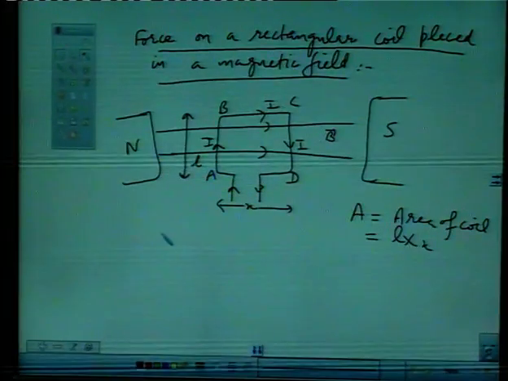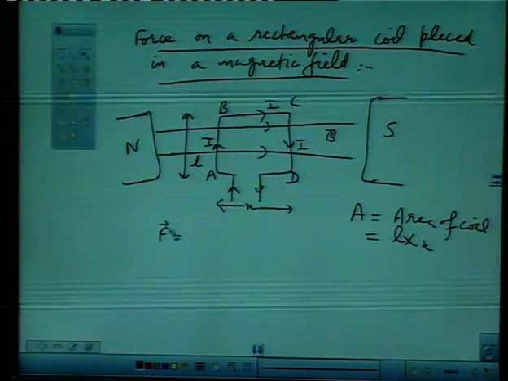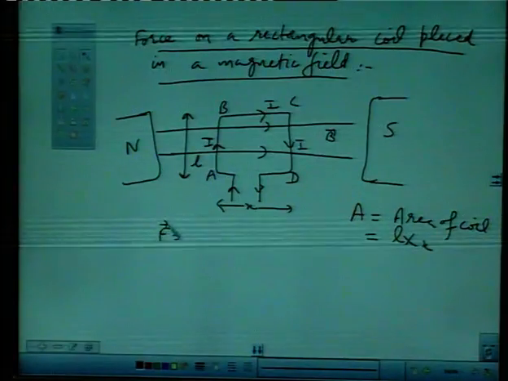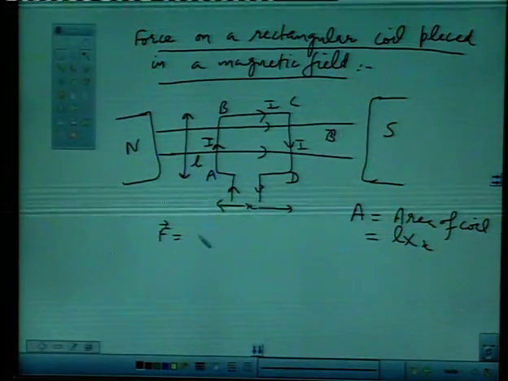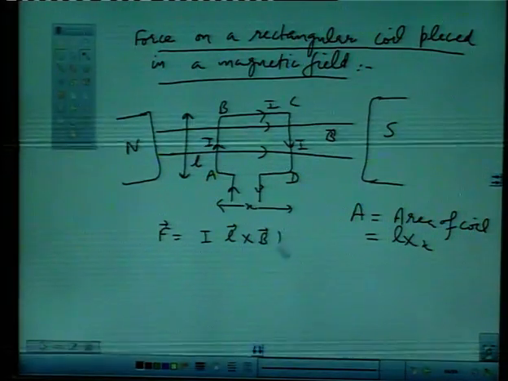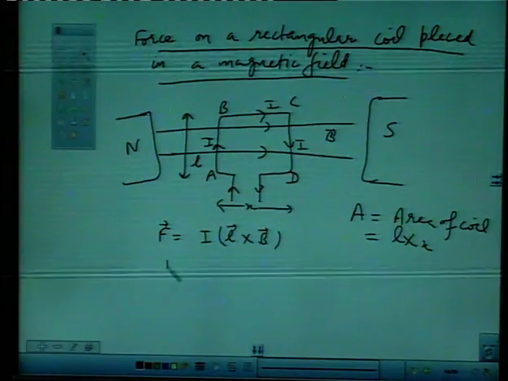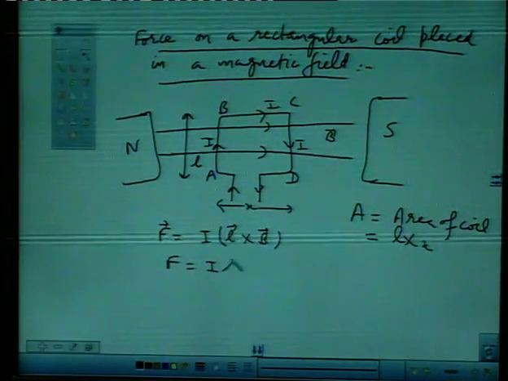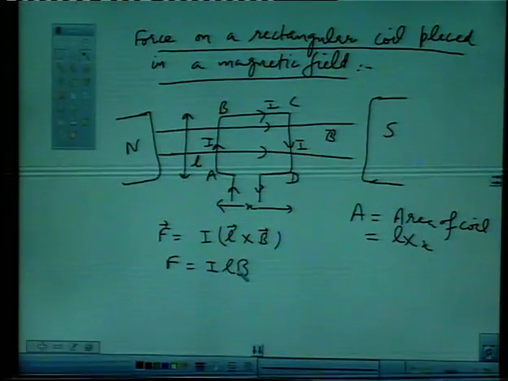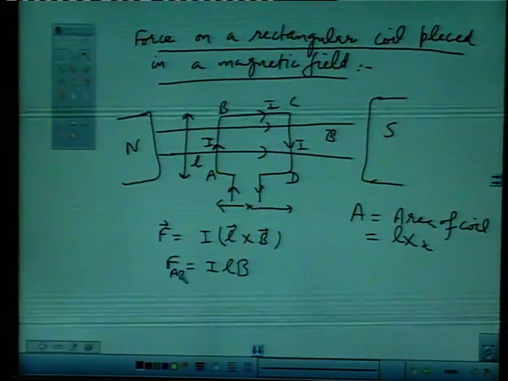Now the magnetic force F, due to a straight conductor, is equal to I L vector cross B vector. Since L and B are perpendicular, we have F is equal to I L B. This is the force acting on the AB edge.